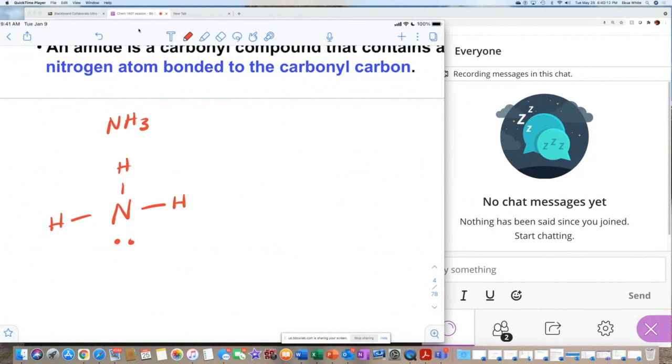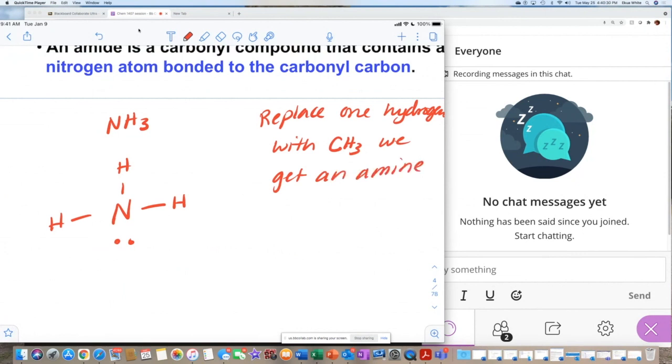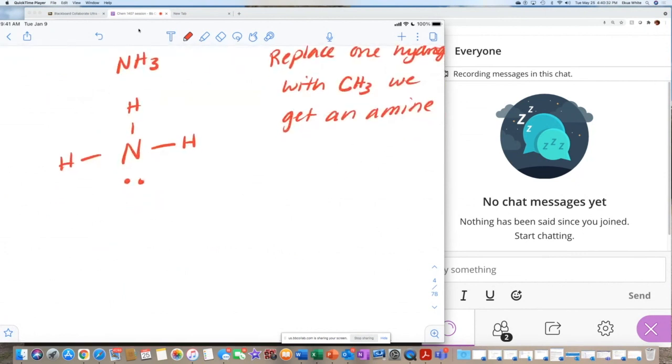So what happens is when you replace one hydrogen with a carbon, let's say CH3, we get an amine. That's what they're saying. So in other words, just pick any of the many hydrogens. I'll pick the top one and put a CH3 there.